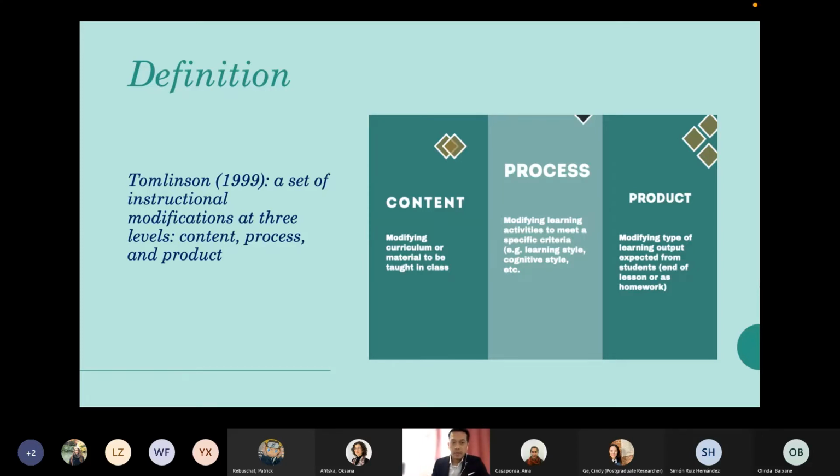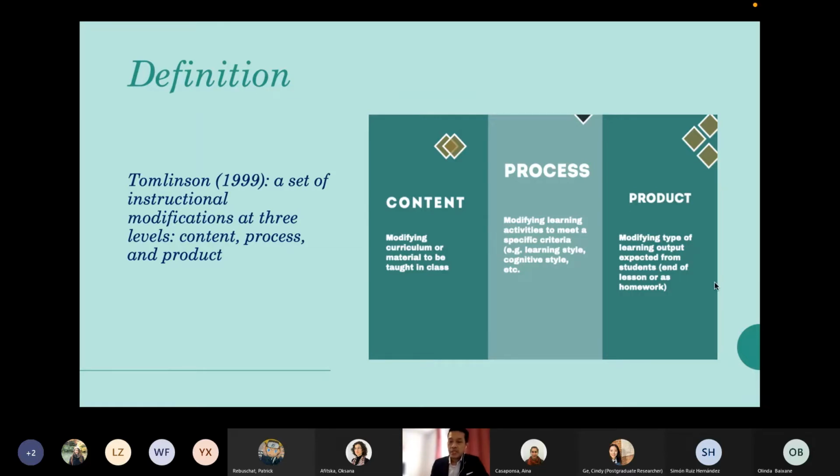And differentiating process would involve modifying learning activities to meet a specific criteria. It could be according to learning style, the cognitive style, and product. Differentiating product would involve modifying the type of learning output expected from students, either at the end of the lesson or as homework.